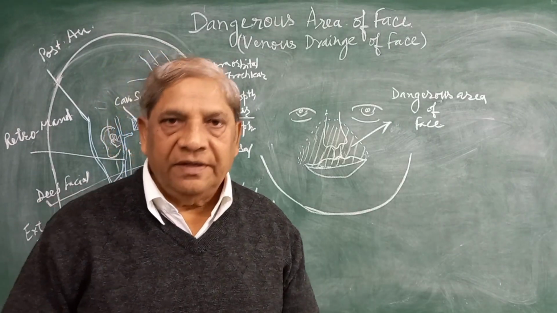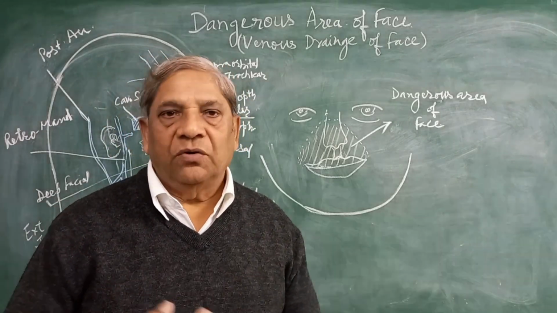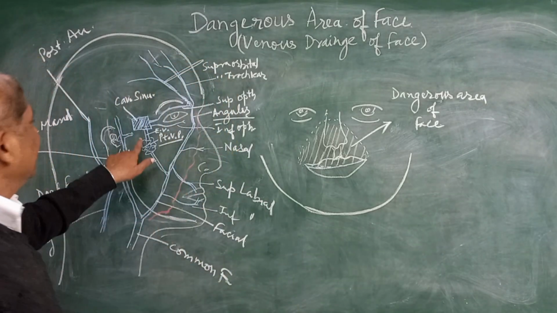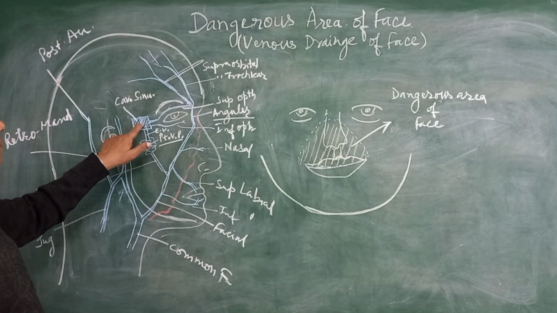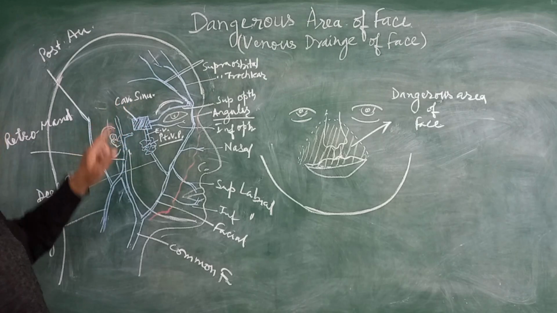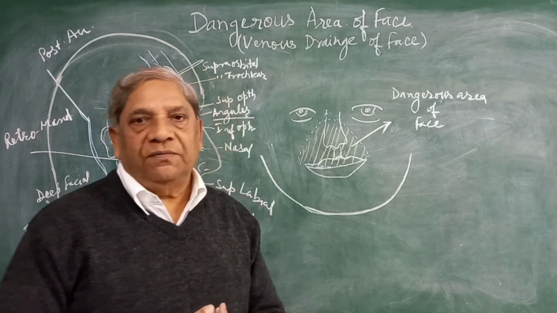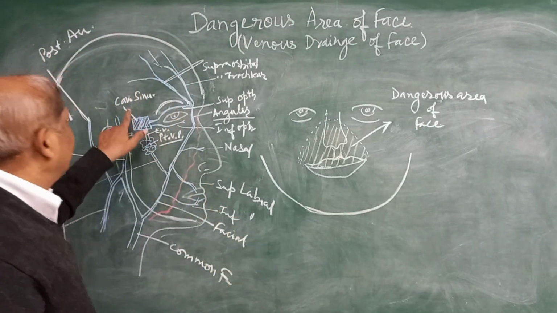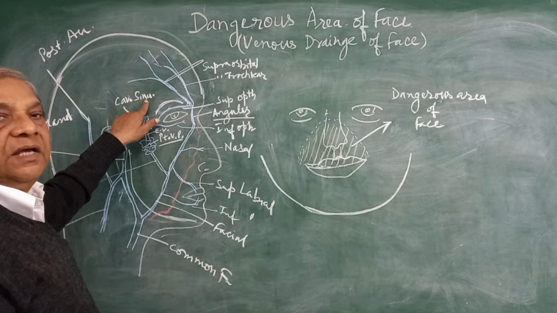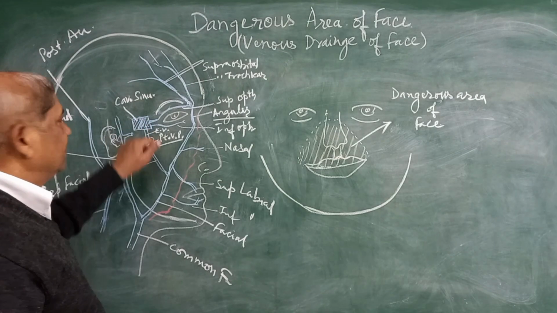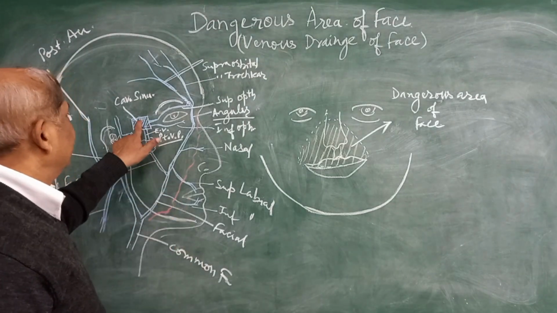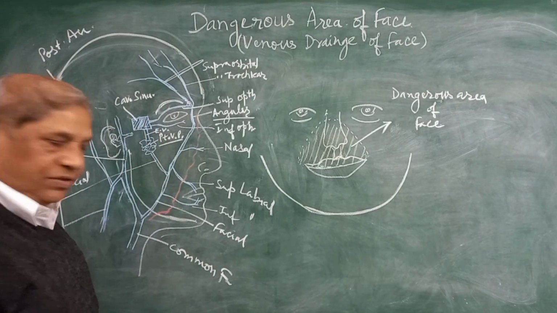This emissary vein will go through the foramen ovale or foramen spinosum, and then drain the blood into a sinus which lies on either side of the sphenoid bone at the base of the middle cranial fossa, called the cavernous sinus. So this is a sinus of venous blood, and it is called the cavernous sinus.